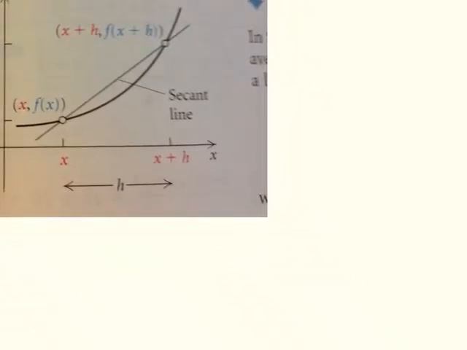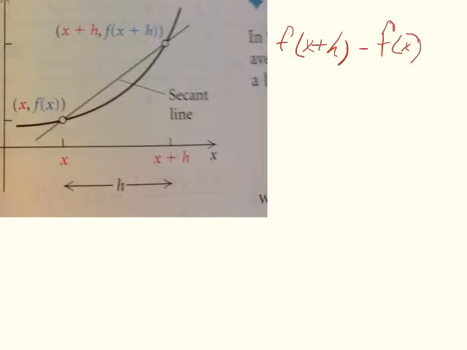So let's move that over to the side and give you the formula. The slope of the line called a secant line is f of x plus h minus f of x.